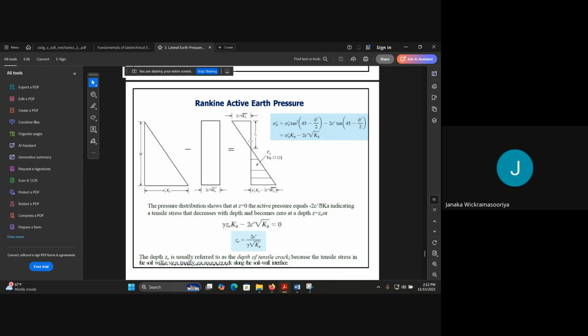So if you use clay soil, then there will be tension cracks on top of the retaining wall in the active side.